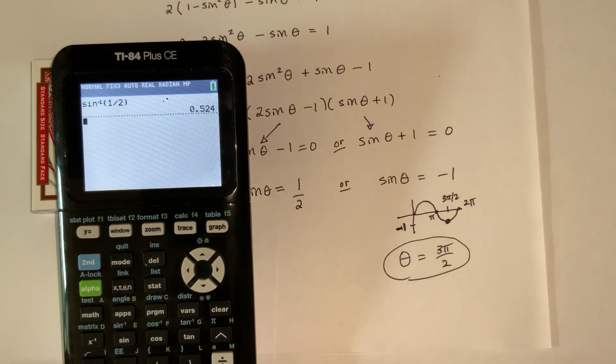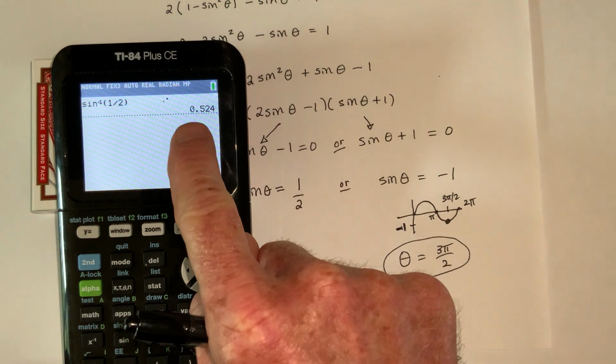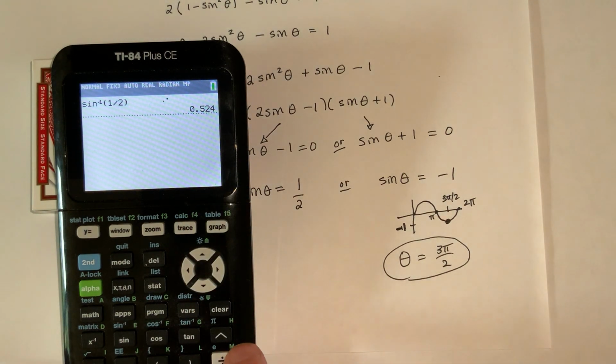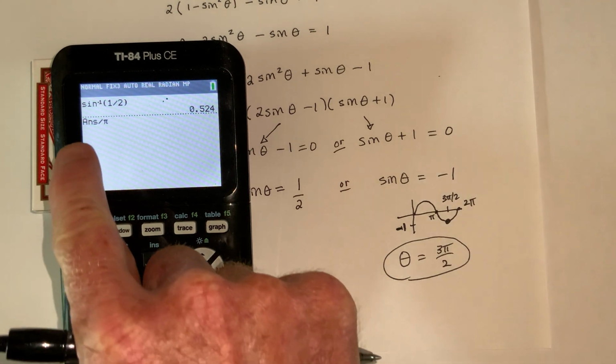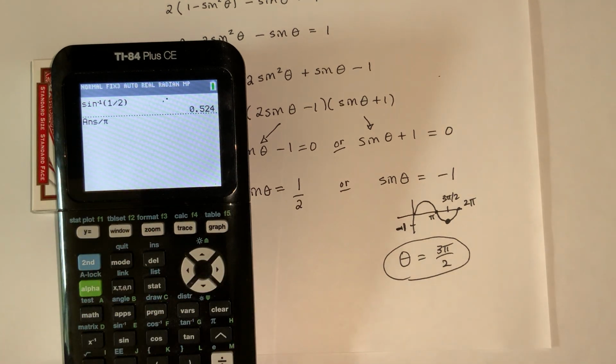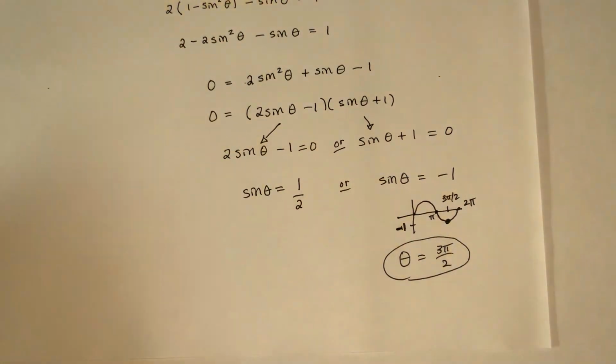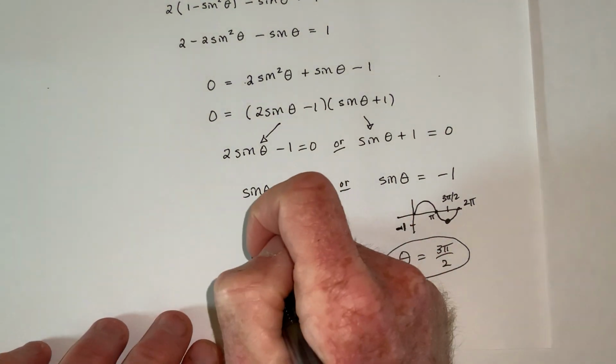So it gives me this decimal 0.524, and I'm pretty sure this is pi over something. To figure out what it is, you divide by pi, and if you're going to do this, don't type the decimal, just hit divided by pi, and then go to math and convert that to a fraction. So that means it's 1/6 of pi, or in other words, pi over 6.